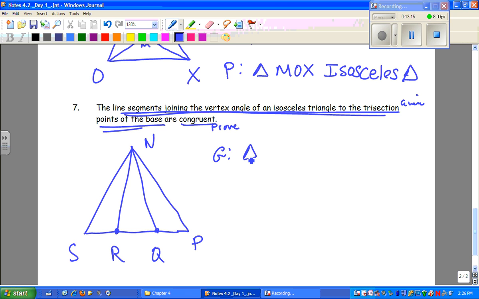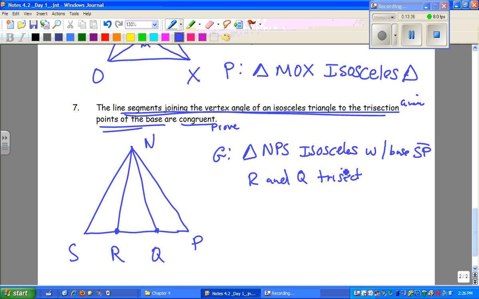So we're given that triangle NPS is isosceles with base SP, R and Q trisect the base, that's SP, and we're trying to prove that NR, the line connecting that, and the line NQ are going to be congruent. And that is our final question on lesson 4.2.